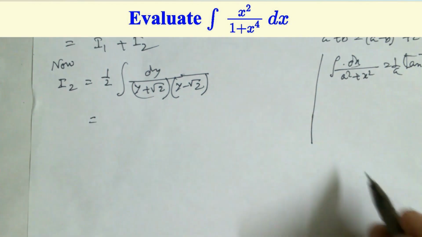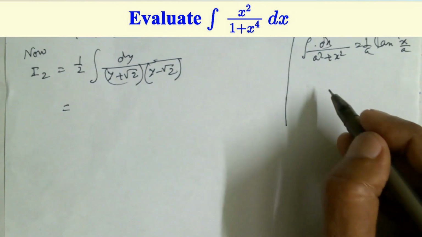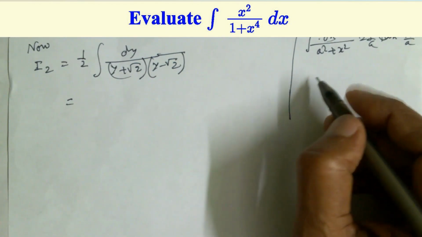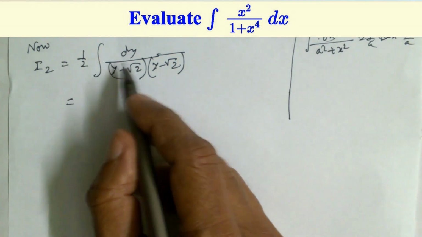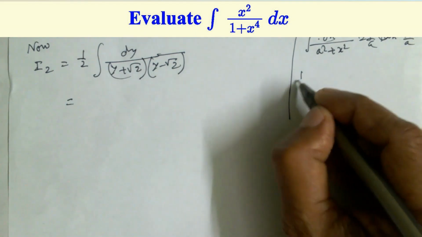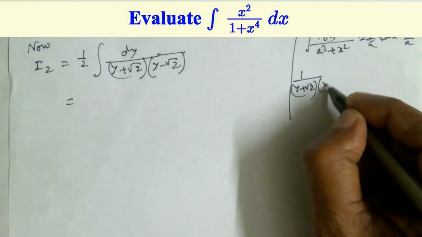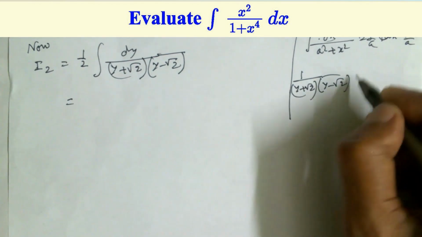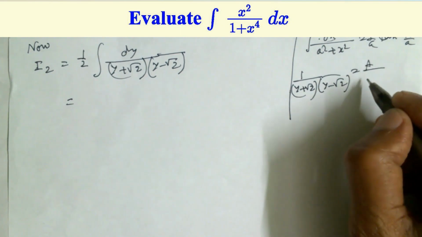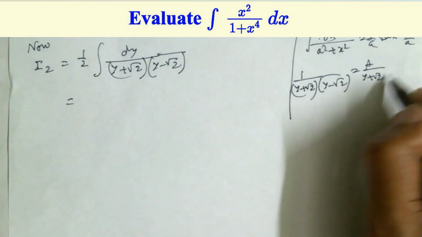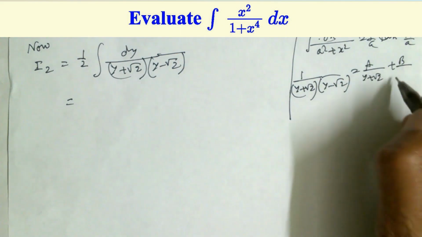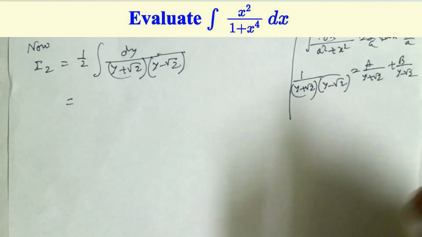Now write factorizing here. See how it is done. We can write 1 by y plus root 2 into y minus root 2 is equal to a by y plus root 2 plus b by y minus root 2, some constants.